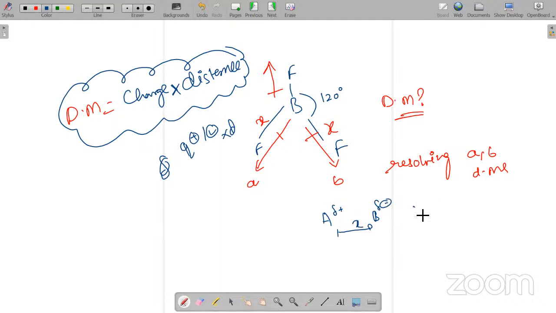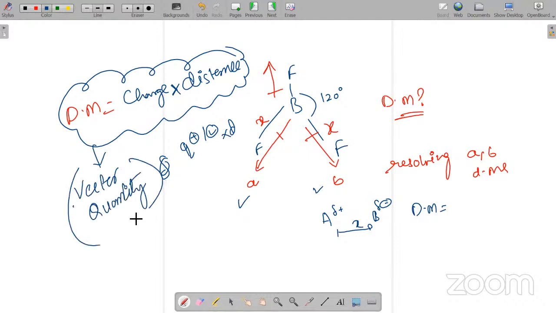Now if you are finding the dipole moment for this compound, for two vectors, and dipole moment is a vector quantity. How do you calculate it?